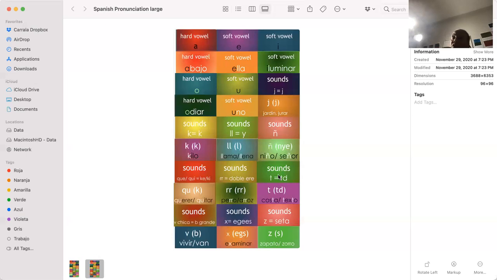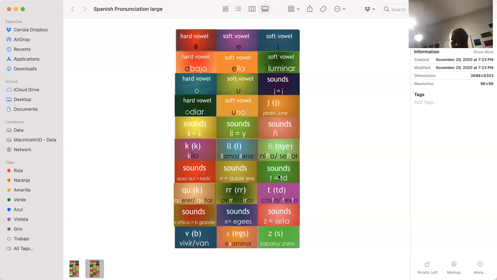The tongue remains behind the two front teeth. Costa, texto. Because in English, the T is very strong. In Spanish, the T is more like a soft D sound.